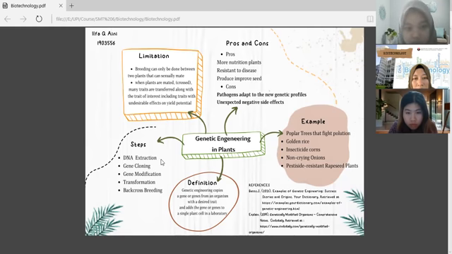Because we only need the DNA, we have to extract the DNA to do the genetic engineering and the modification.